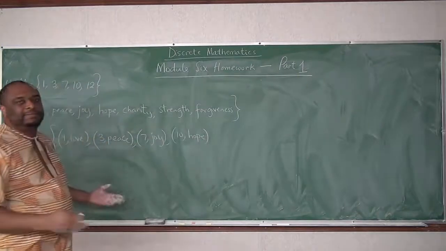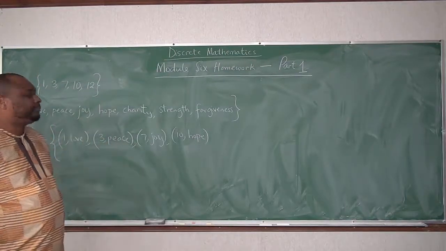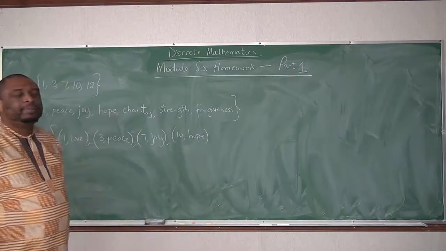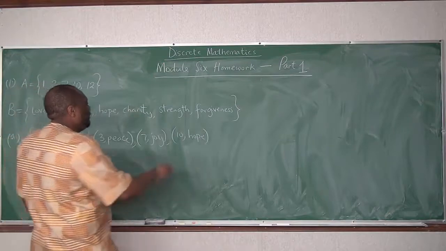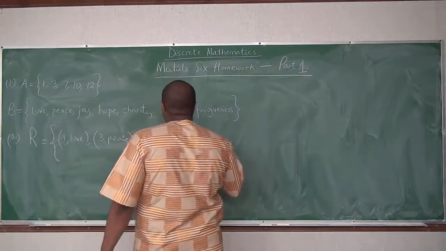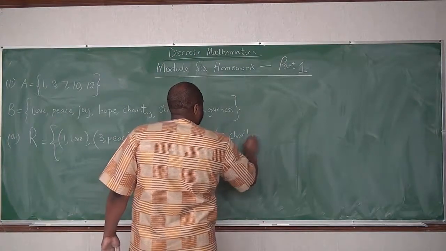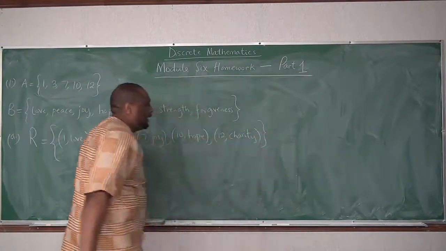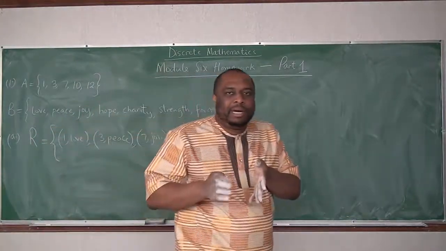They say at least 4 ordered pairs, so you can stop here. At least 4 means 4 or more. You can have (12, charity). So yes, this is a 1-2-1 function. Each input has a different output.